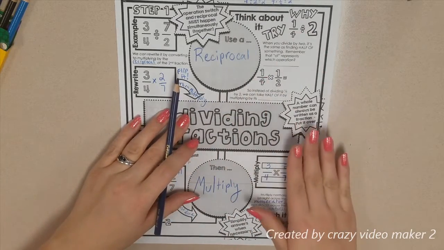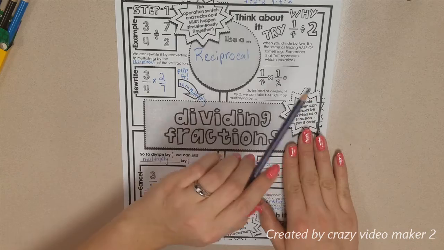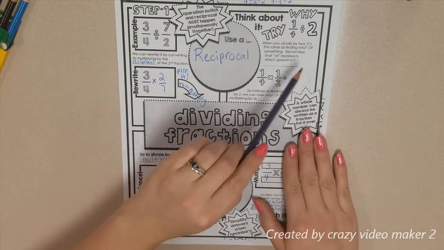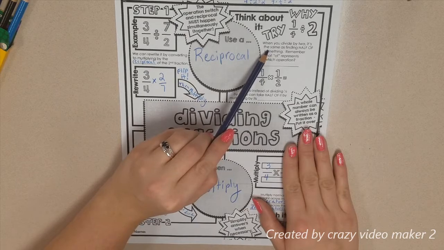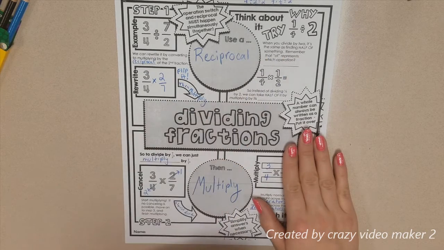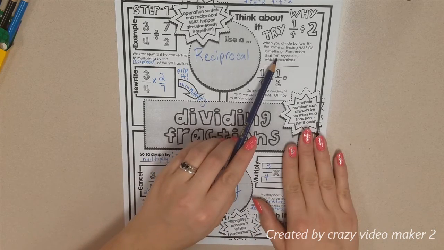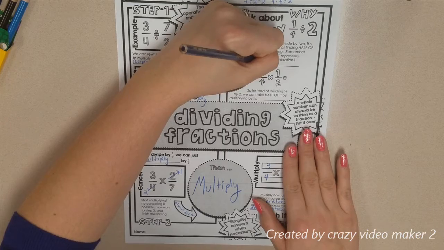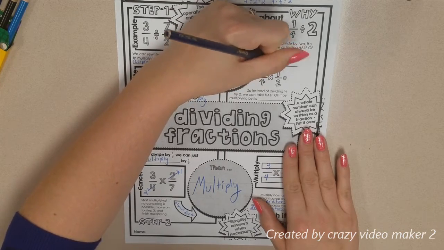And so with fractions, you always have to make sure that you multiply by the reciprocal. All right? So right here, again, like it says, when you want to divide something by 2, you're finding half of something. And remember that of represents which operation? Multiplication. Got to fill that in.